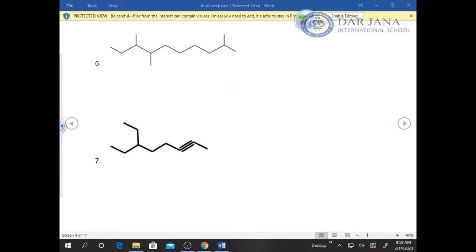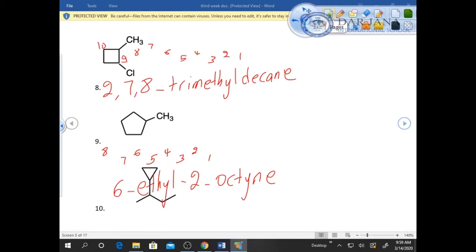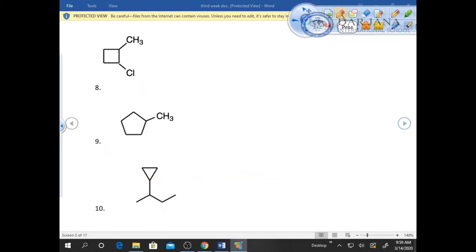Moving to molecule number 8. This molecule is a cycloalkane. It contains two substituents, chloro and methyl. So for sure, you start numbering according to alphabetical order. So chloro will take number 1 and methyl will take number 2.